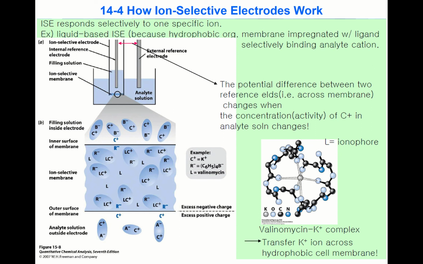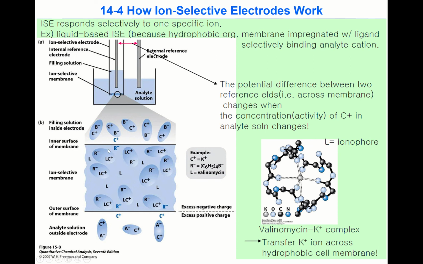Now let's take a look at how ion selective electrodes work. An ISE, in short, responds selectively to one specific ion. For example, a liquid-based ion selective electrode is the example here. Actually, this electrochemical setup is very simple.